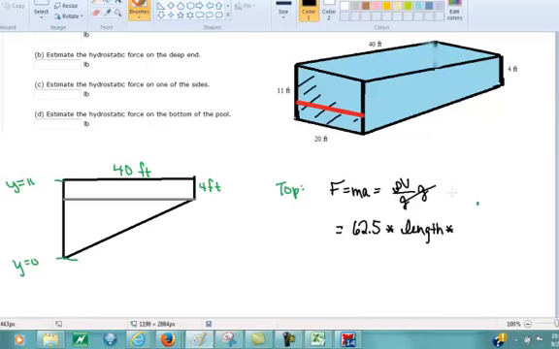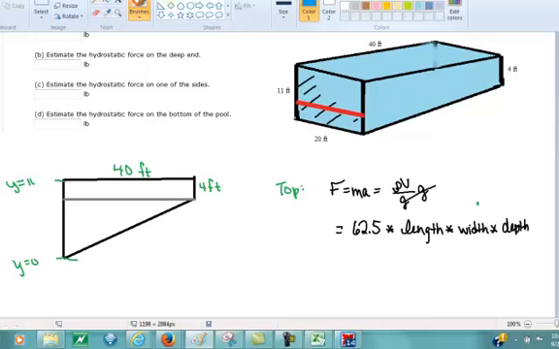The height of the column of water is the same as the depth of the strip, so length times width times the height or the depth of the strip. The height of water is equal to the depth of the strip.